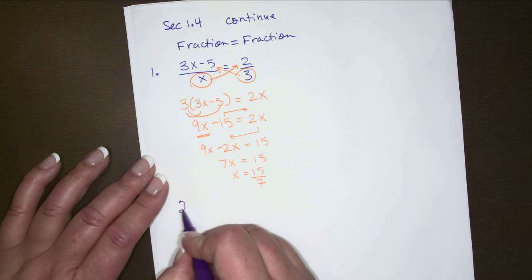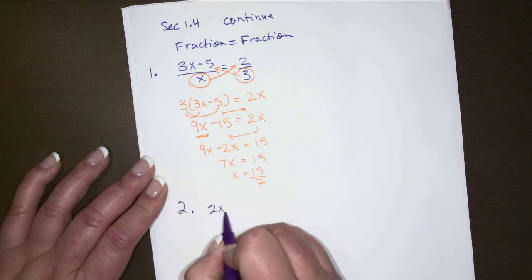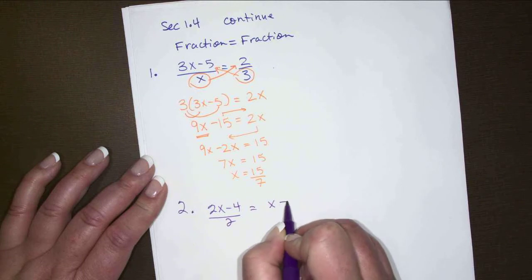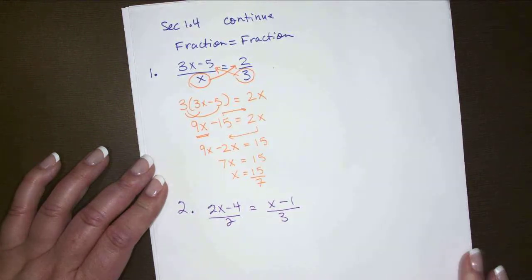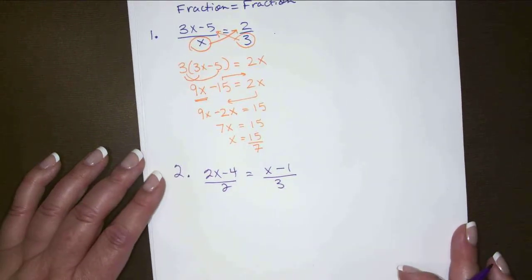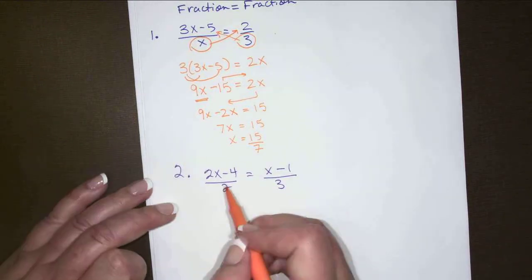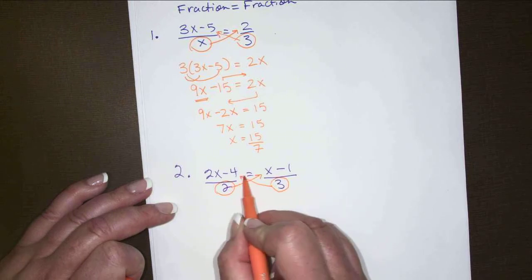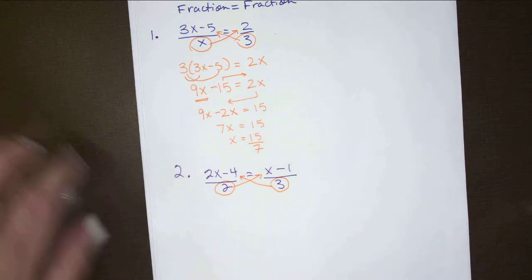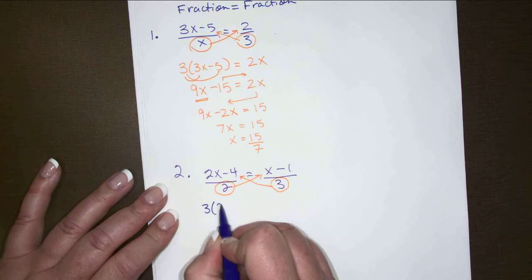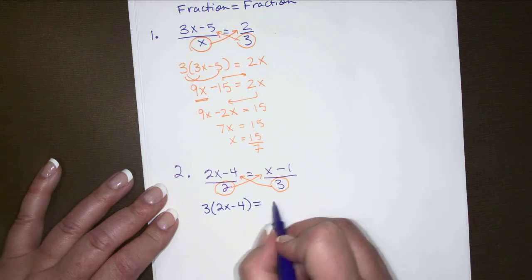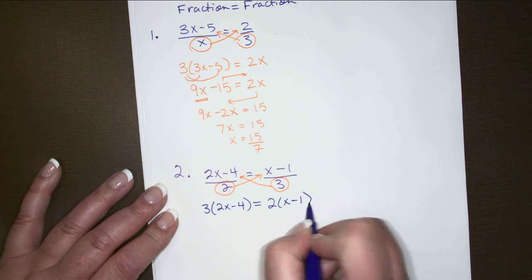We could have examples like with x's on both sides. And we do the same method, so we multiply the 2 across and the 3. So we'll have 3 onto 2x minus 4 is equal to, that's the equal sign, 2 onto x minus 1.